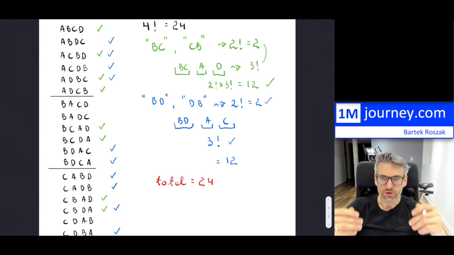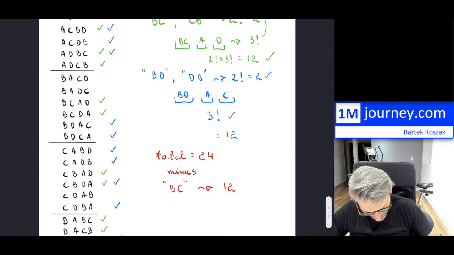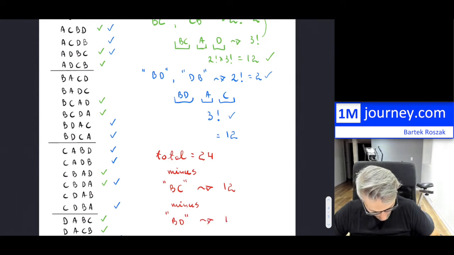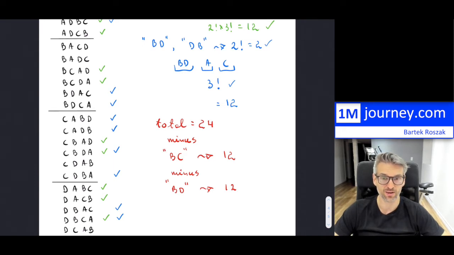And then you would want to subtract, so minus, when B and C are together. We found that was 12 ways. And then minus, when B and D are together, but that's also 12 ways. So you'll get 24 minus 12 minus 12, which is going to be 0.